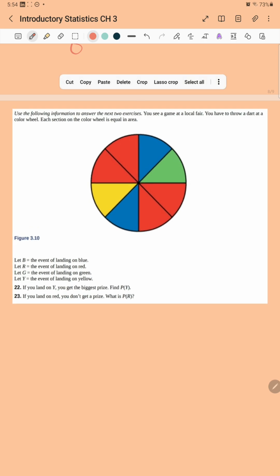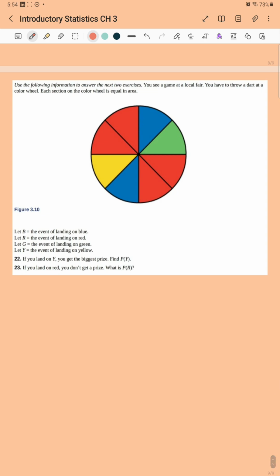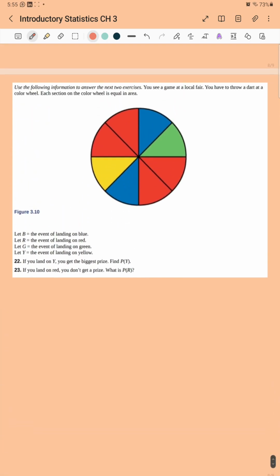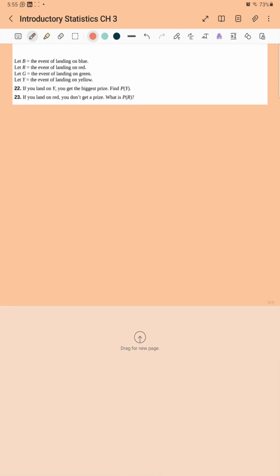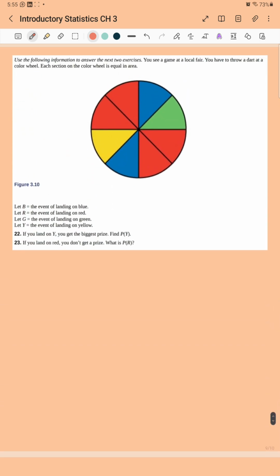Okay, use the following information to answer the next two exercises. You see a game at a local fair. You have to throw a dart at a color wheel. Each section on the color wheel is equal in area. So B is the event of landing on blue, R is for landing on red, G is for green, and Y is for yellow.